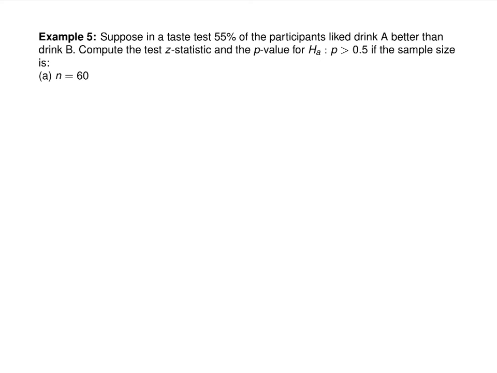And we had 55% like drink A better than drink B. Let's find the test Z statistic and the p-value if the sample sizes were as follows. So our Z statistic is p hat minus p naught over the standard error of p naught.